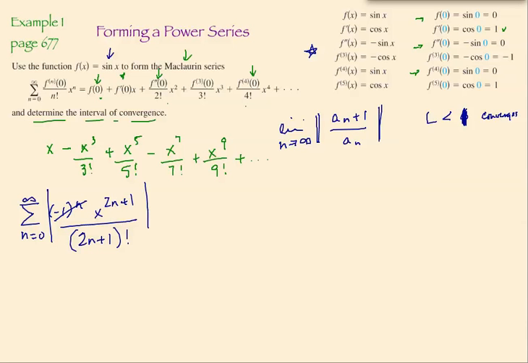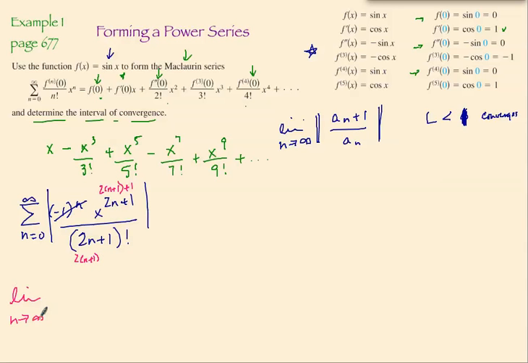So let me go ahead and put in the n plus 1 term. This will be 2n plus 1 plus 1, and that's going to be 2n plus 2 plus 1, which is 2n plus 3. And then if I put n plus 1 in here, 2 times n plus 1 plus 1 is 2n plus 3. And now let me go ahead and take this limit.